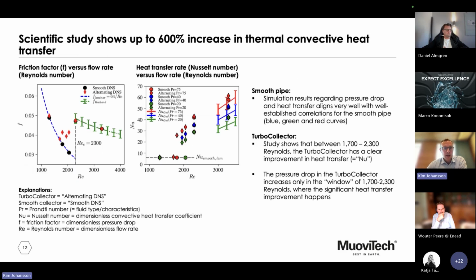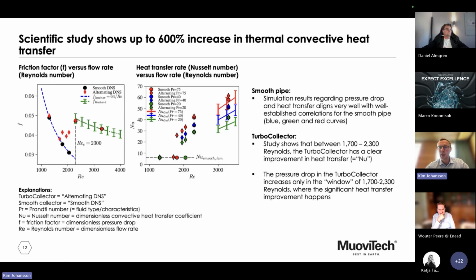The study that we have made together with Chalmers University, in that study, we mainly focused on two things. One of the things that we focused on was the friction factor. We would like to see how these fins affect the friction factor, and therefore also the pressure drop. And the second thing that we were looking for was the Nusselt number. And the Nusselt number tells us something about the heat transfer in the pipe.